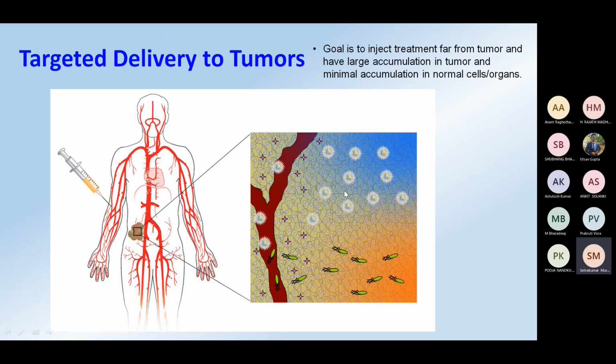Also, you can target some of the tissues as well. Say suppose I want to use some drugs for killing cancer cells. Cancer cells have specific DNA sequences or RNA sequences. So what we can do is make your drug-encapsulated carrier with functionalities the same as the RNA or DNA sequences of the cancer cell line.